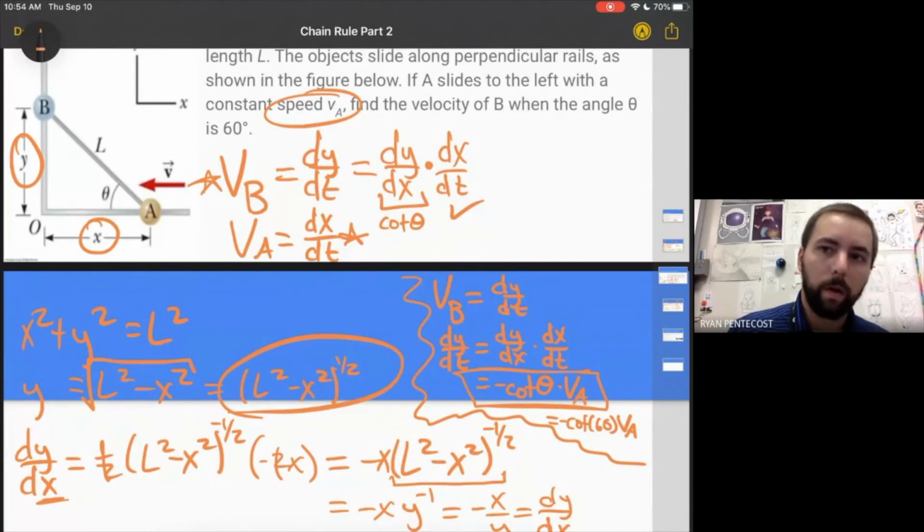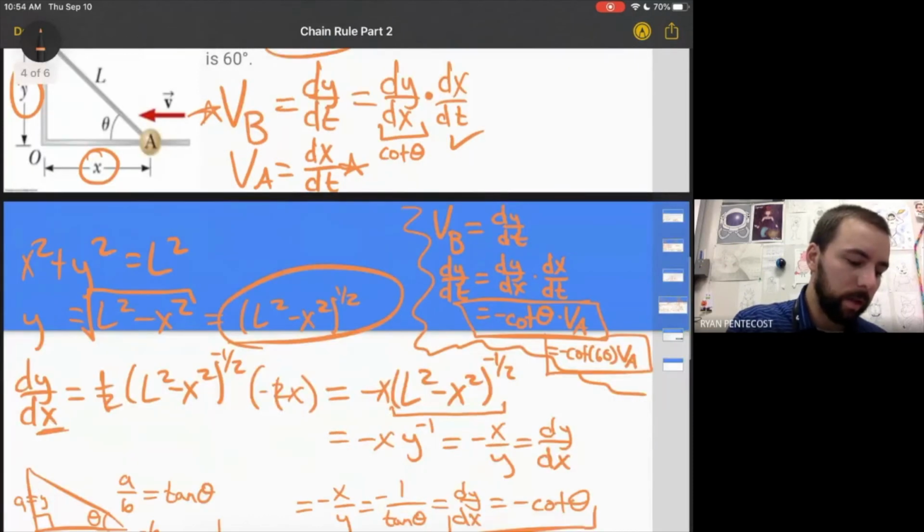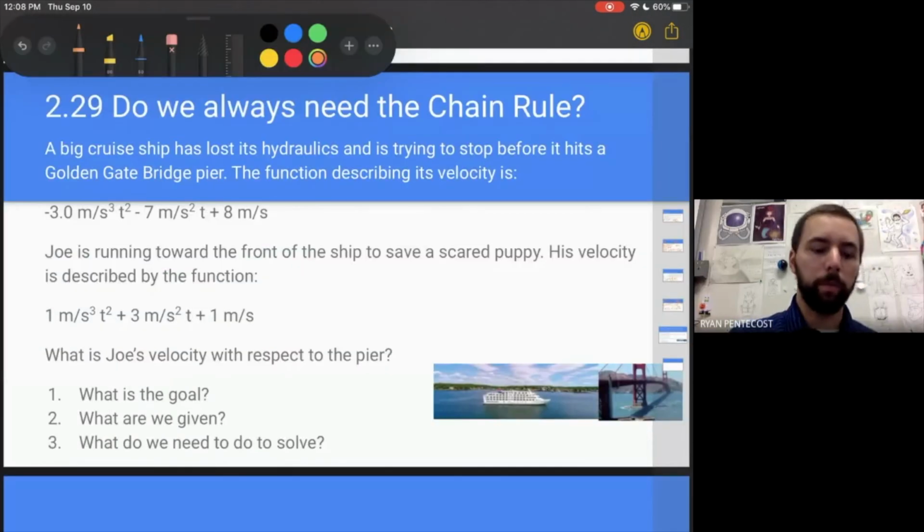All right. Let's go over this last problem real quick. 2.9: Do we always need the chain rule? In this problem, we've got a big cruise ship that lost its hydraulics and is trying to stop before it hits a Golden Gate Bridge pier, as you can see down there. The function describing its velocity is 3 meters per second cubed t squared minus 7 meters per second squared t plus 8 meters per second.